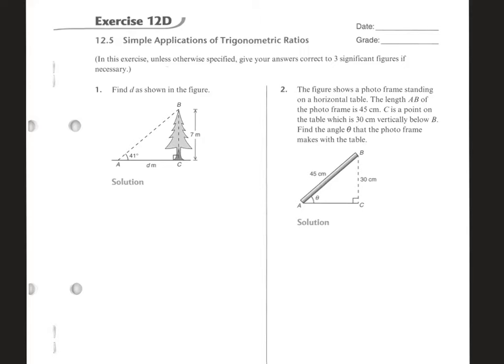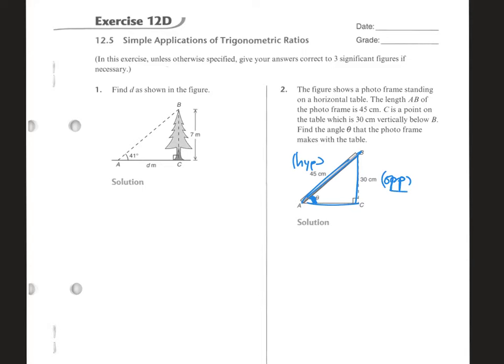Number 2 is a very easy question. There's a photo frame lying on a table, which makes an angle theta, and you want to find it out. According to the question, you see there's a right angle triangle. Towards theta, 30 is the opposite side, and can you identify 45? Yes, it's the hypotenuse.